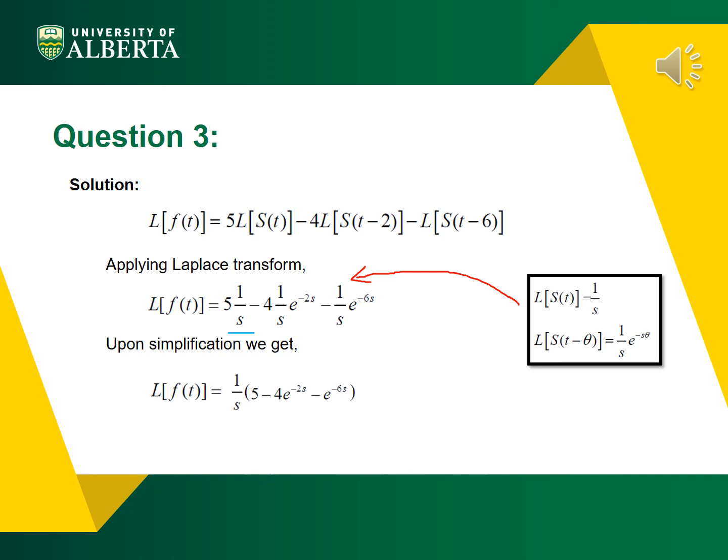So if you follow the formula here, it would be minus 4 into 1 by s into e power minus 2s. Similarly, for the third term, it would be minus 1 by s into e power minus 6s. And then finally, I'm just pulling out 1 by s because it is common across the terms. So I would get 1 by s into 5 minus 4 e power minus 2s minus e power minus 6s as the final solution.